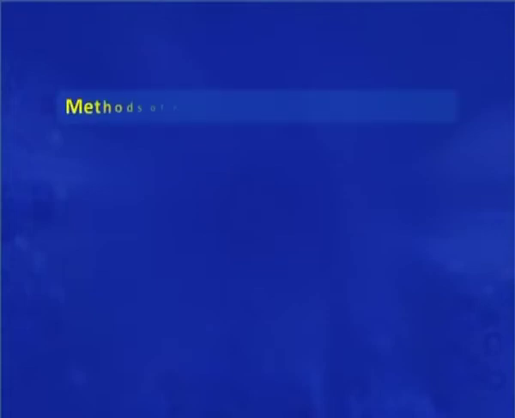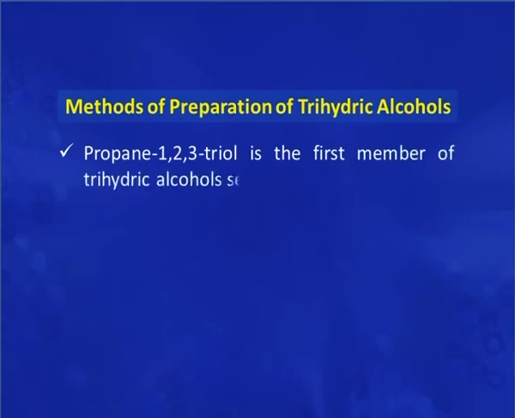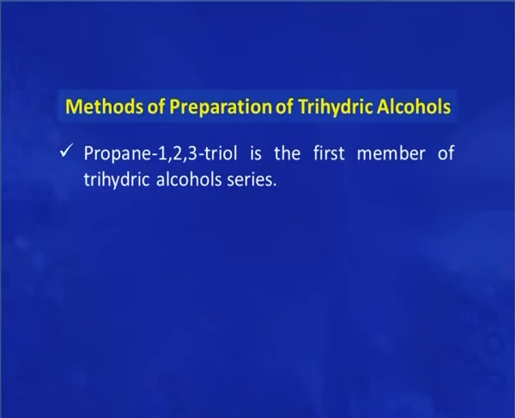We will discuss now the methods of preparation of trihydric alcohols. Propane 1,2,3 triol is the first member of the trihydric alcohol series, and we are going to discuss the preparation and properties which will be focused on glycerol only.